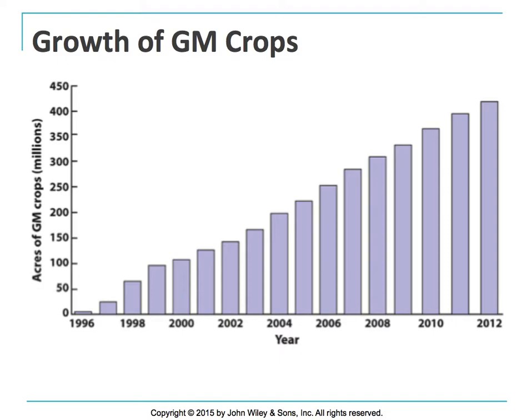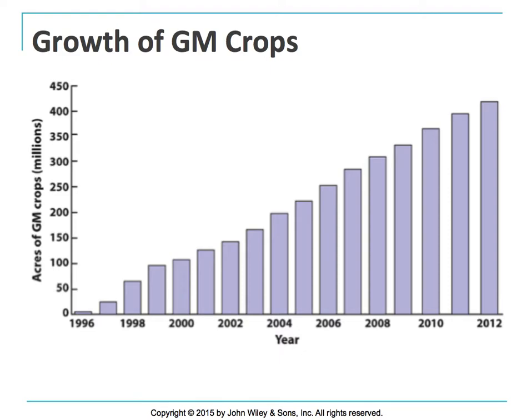This is because of several factors. So first, obviously, we are seeing higher rates of genetic modification in some crops, but also because of the crops that are being genetically modified.